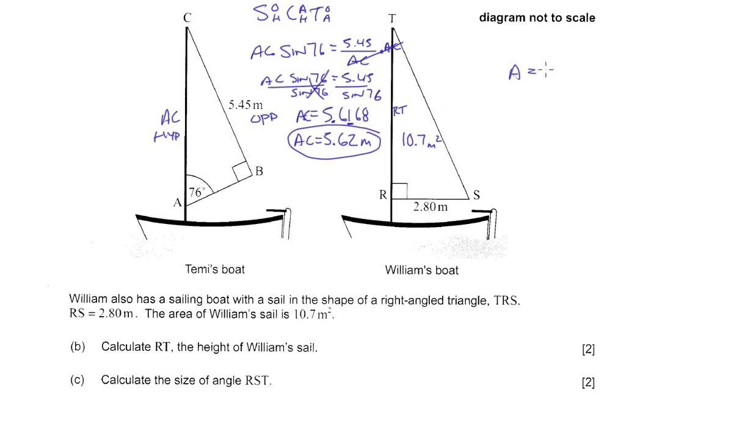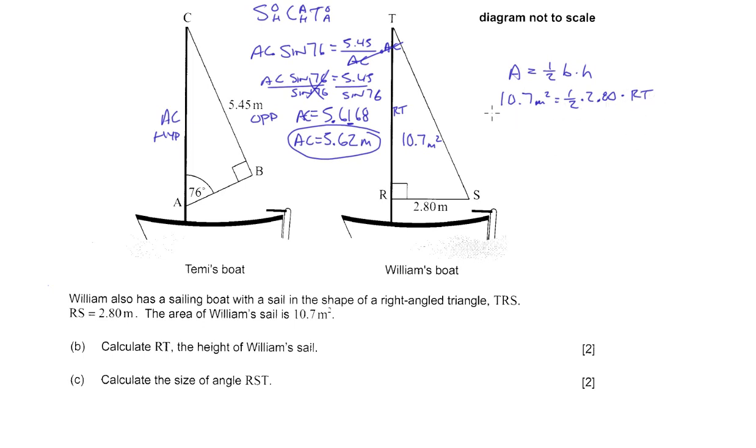We know the area is 10.7 square meters, right? And then that's going to be half the base, which we know is 2.80, times our height, which is RT, right? And again, remember RT is just one variable. It's not R times T.